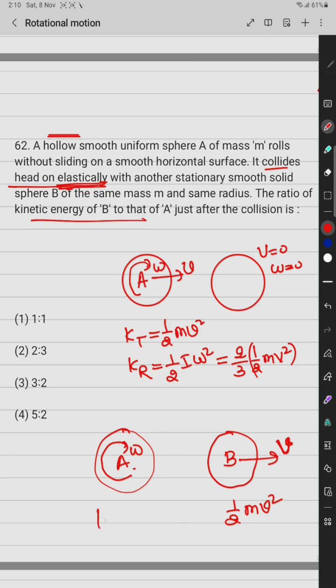Then the kinetic energy of A is half I omega square, meaning half mv square times 2 by 3. And the ratio asked is the kinetic energy of B to A, 1 upon 2 by 3. So it is 3:2. Correct option is the third.